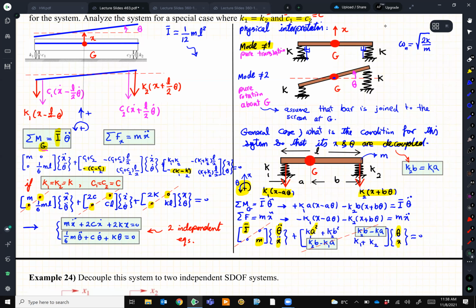If you look at them, what does it tell you? K1 a is equal to K2 b. It's just a static balance, right? Static balance, that rotation, the moment about G is 0. K1 a, K2 b, like a static balance.